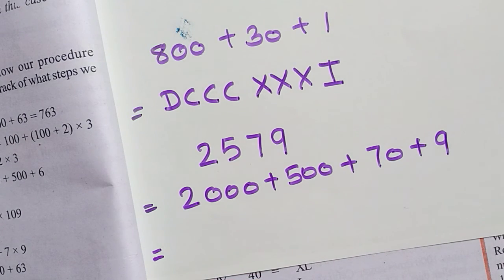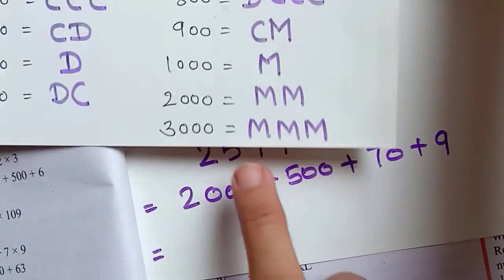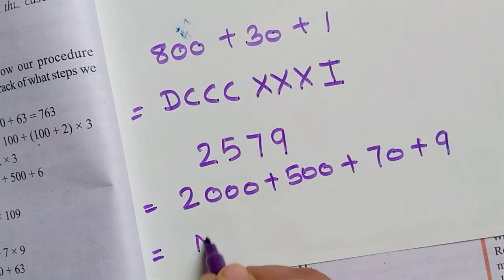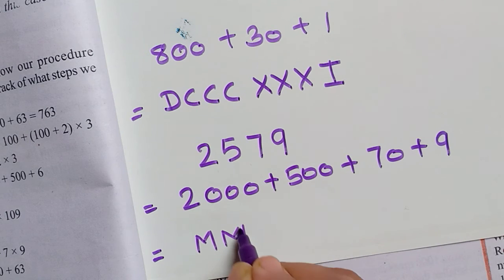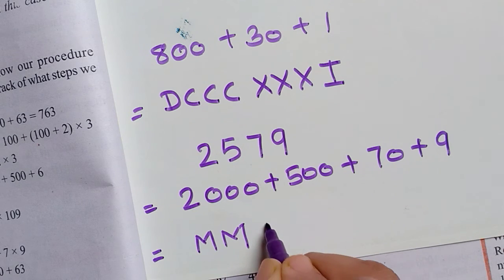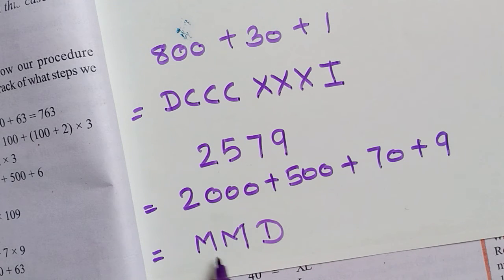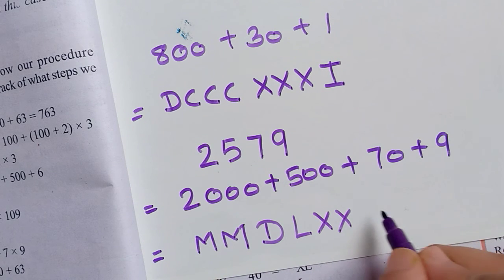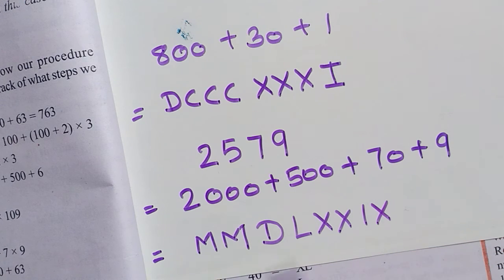So for 2,000, we have just written double M. 500, we have a letter D. So this is 2,500. Now 70, we write LXX, and 9 we write IX. So this is 2,579.